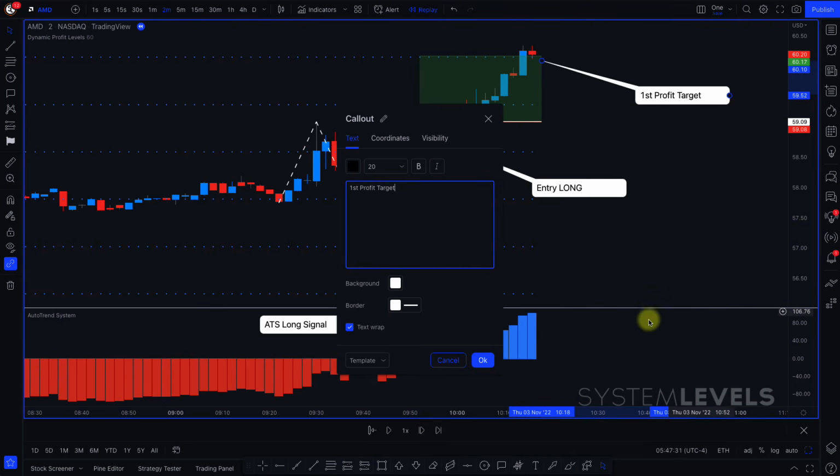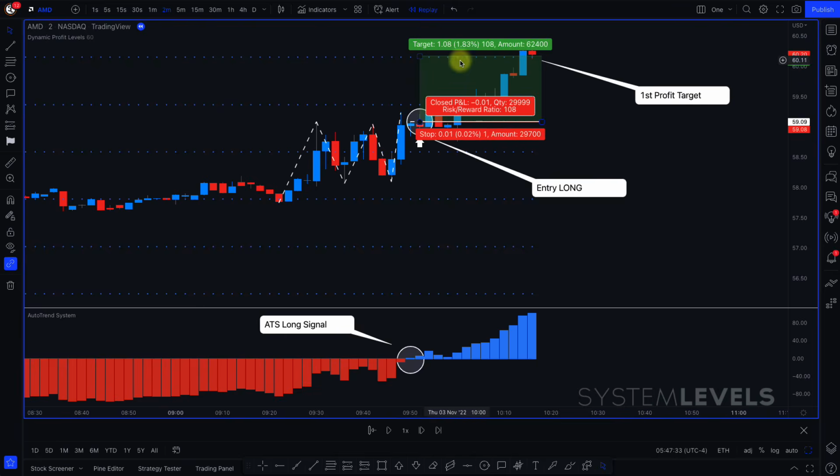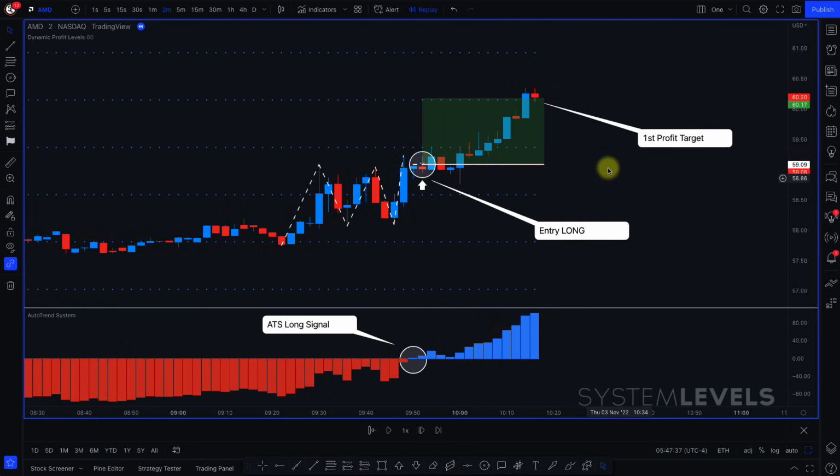So we sold 1/3 of our position on our first DPL, our first dynamic profit level. Then we see if we can hit the second target, which is up here. At this point, we're good to go on our trade.